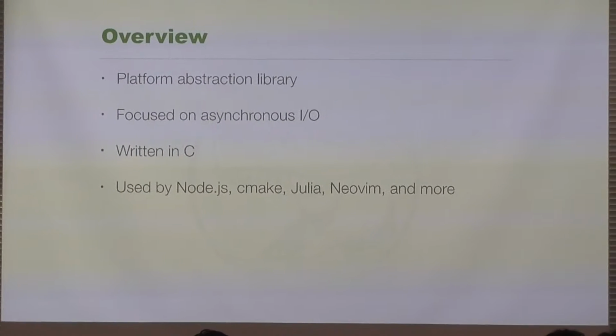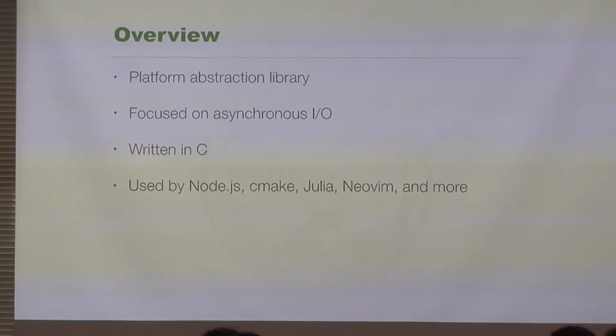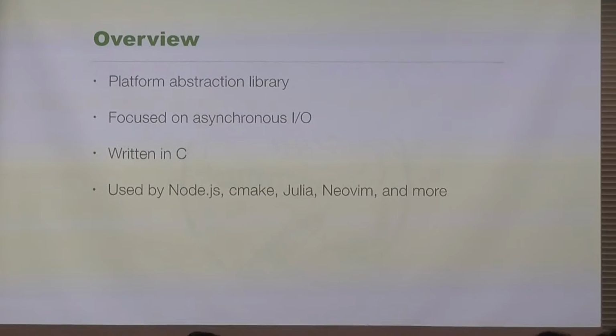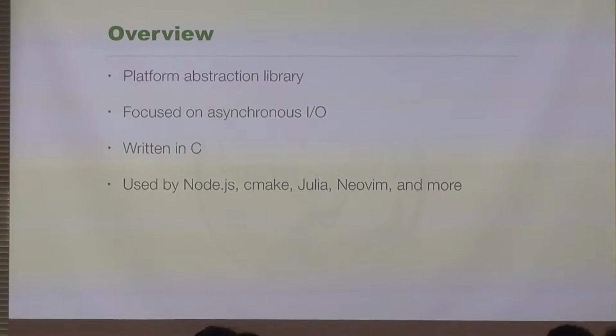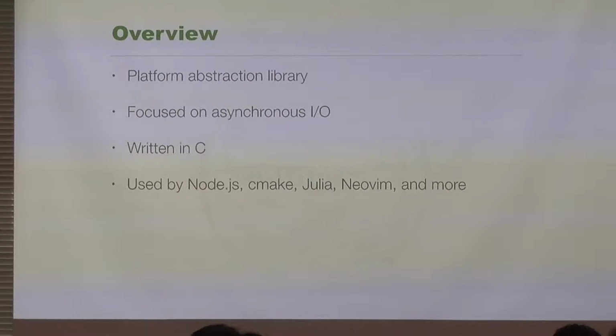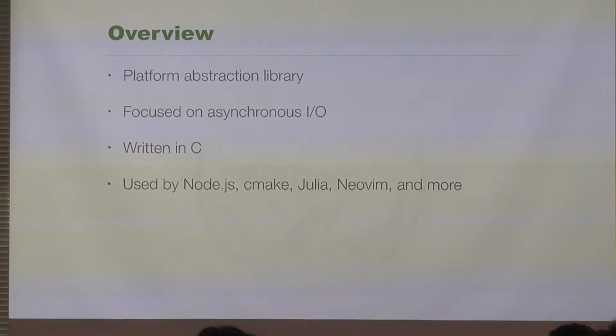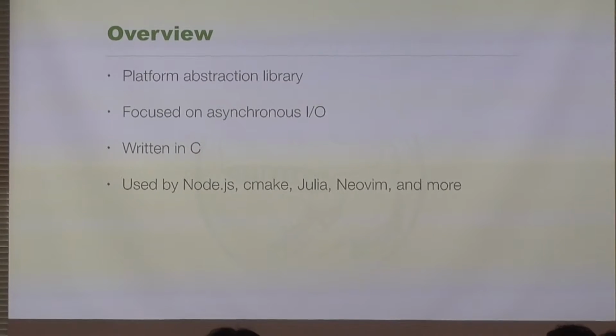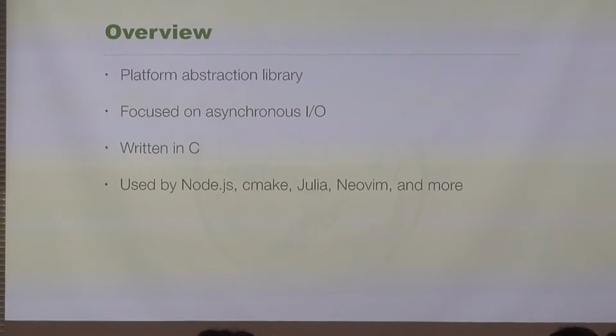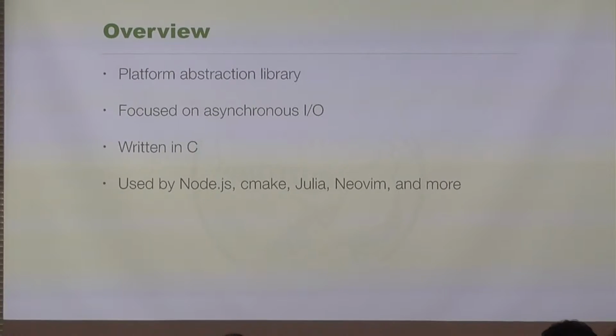So JavaScript has limited access to the file system and other things like that. And that's what libuv gives to Node.js. It was developed primarily for and used mostly by Node.js, but it has several other large consumers such as CMake, Julia Lang, Neovim, and some other ones that I'm probably forgetting right now.